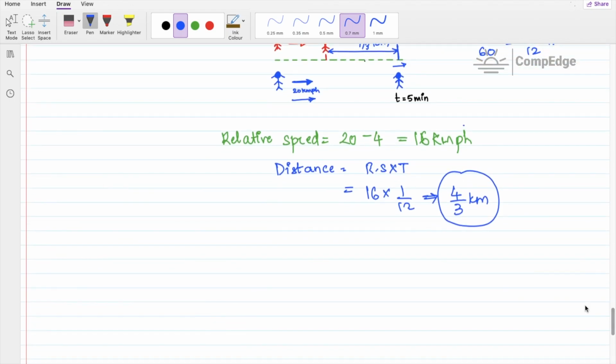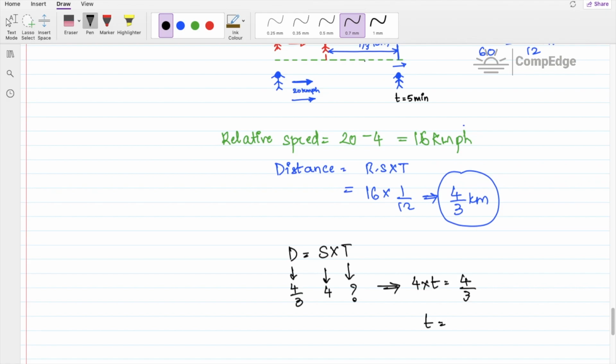So again, using the basic relation that we have for distance, speed and time, distance is equal to speed into time. Distance is nothing but 4 by 3. Speed of the man is nothing but 4 km per hour. We have to find the time. So from here we'll get 4 into t is equal to 4 by 3. So t is equal to 4 by 3 into 1 by 4.